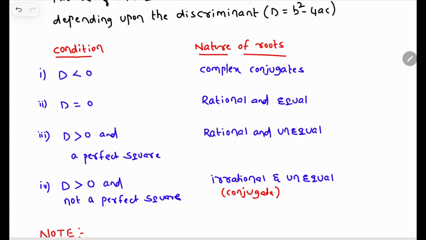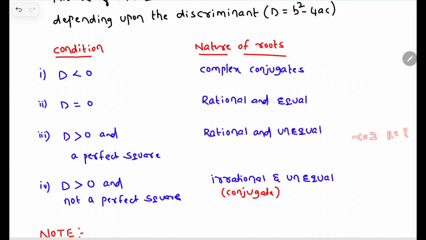Let me take one example here. If D is a perfect square, say D is 4, and 4 is a perfect square, therefore the roots are rational and unequal. They are different. Different means alpha may be 2 and beta may be 3.